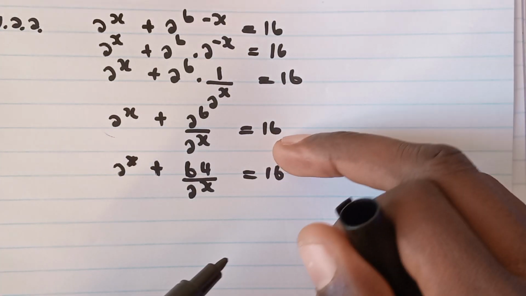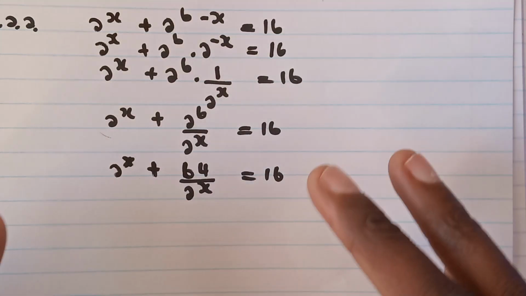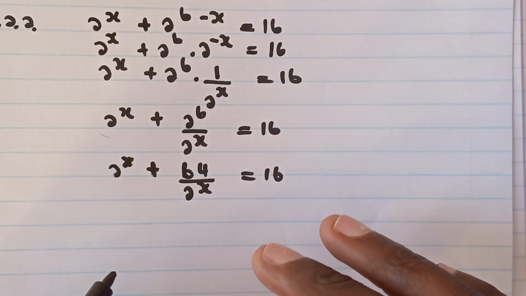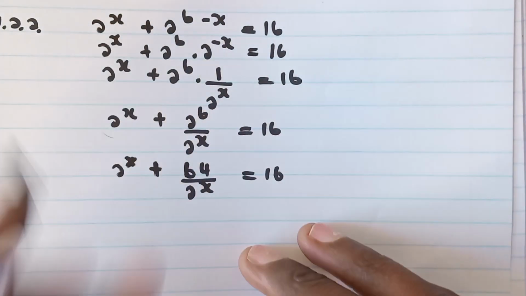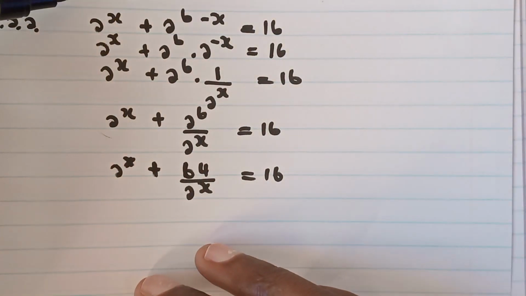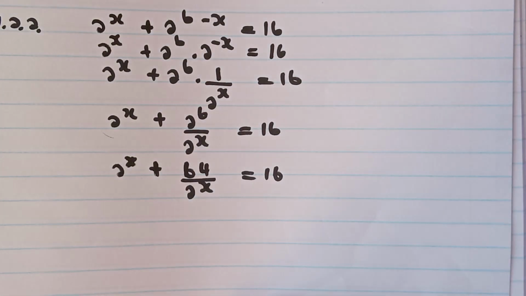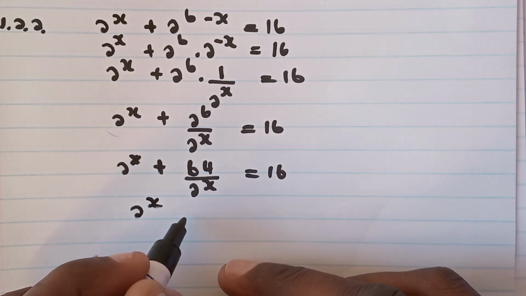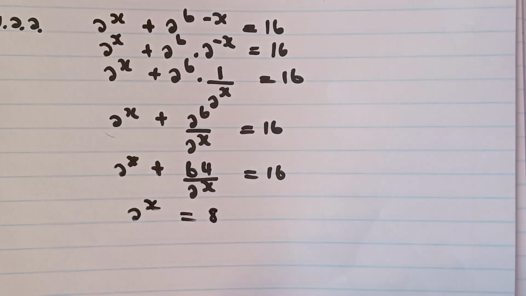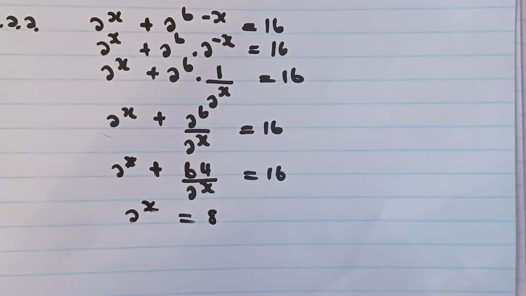So this one is 16, and whatever we do, since for the previous question we got a is equal to 8, now we can just say 2 to the power x is equal to 8, because it looks the same as the previous question.